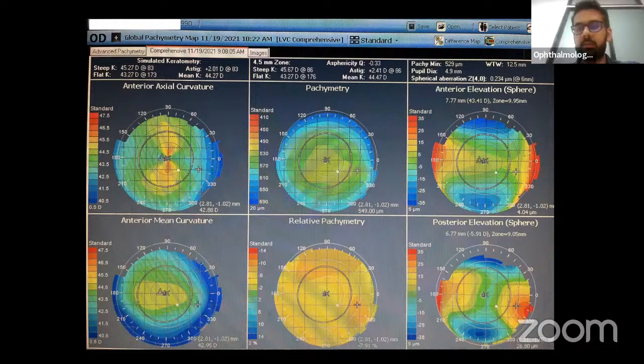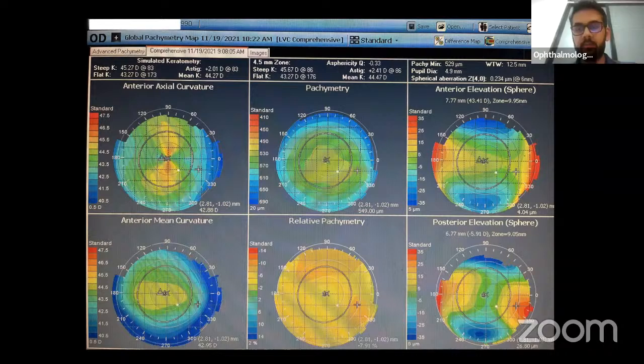Oblique astigmatism is when the vertices are not at 90 degrees to each other, and mixed would be one meridian hypermetropic. When you're saying mixed astigmatism, you're talking about a different classification: simple myopic astigmatism, compound myopic astigmatism, simple hyperopic astigmatism, compound hyperopic astigmatism, and then comes the mixed in that classification.